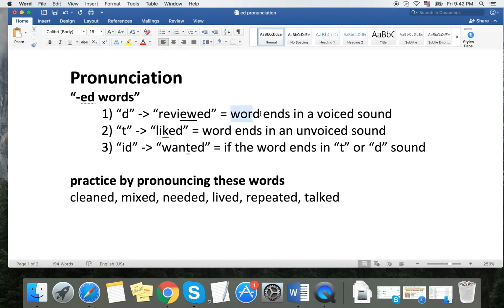We're going to use that when the word, and by the word we mean the base word here, ends in a voiced sound. So possibly you don't know what this means, a voiced sound. A voiced sound means a sound that comes from your voice, from your throat. Okay, so some sounds are voiced, like the sound at the end of you.